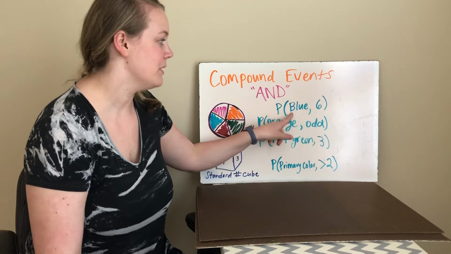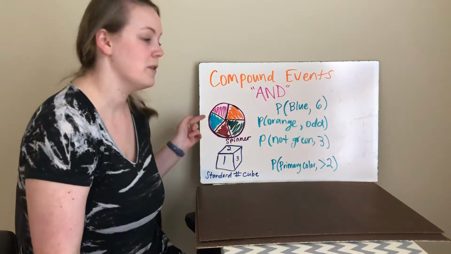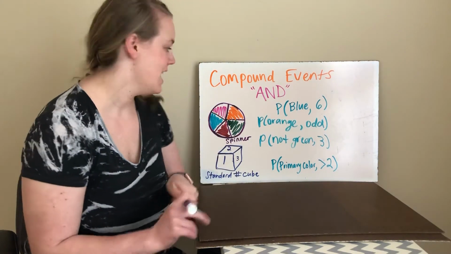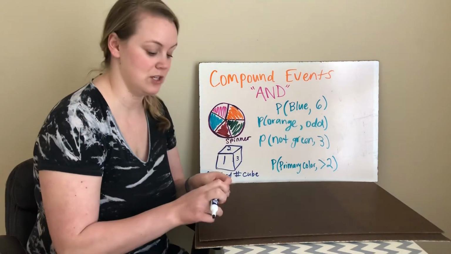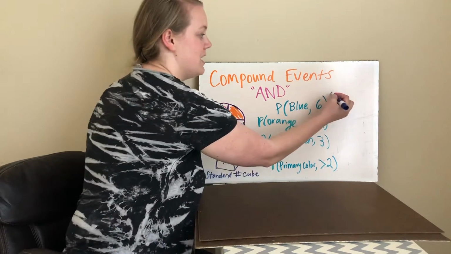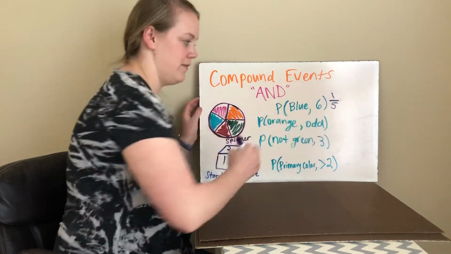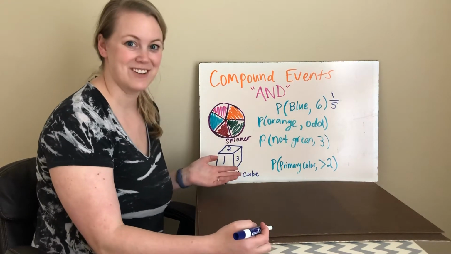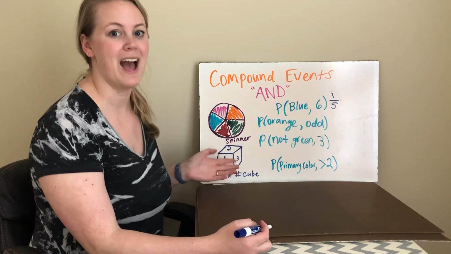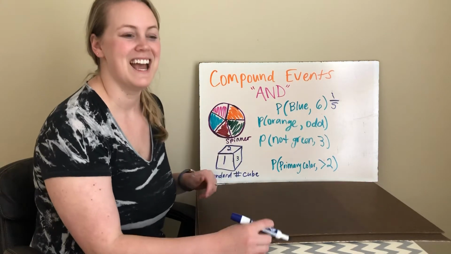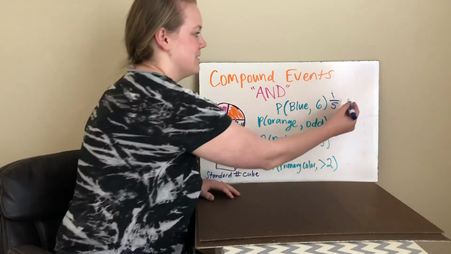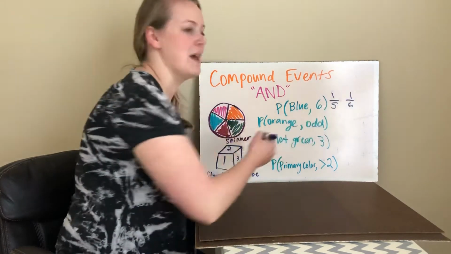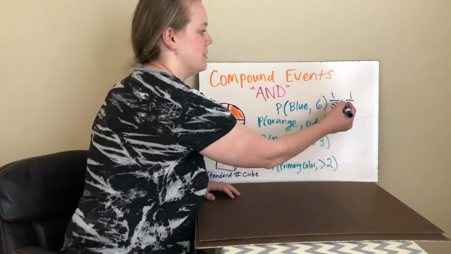So the probability of getting a blue on the spinner, well, there's only one blue section out of 5 total sections, so the probability is 1 out of 5. And the probability of rolling a 6, well, there's only one 6 on a standard number cube out of 6, so it's 1 out of 6. And because we have multiple events, we're multiplying.